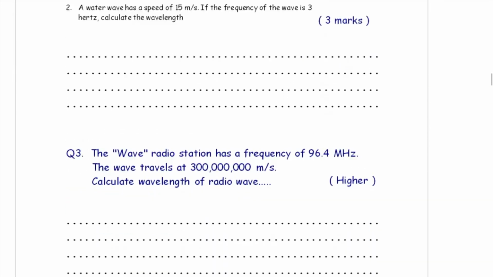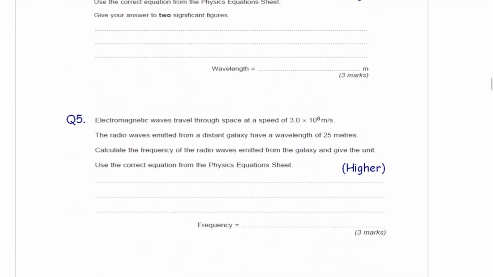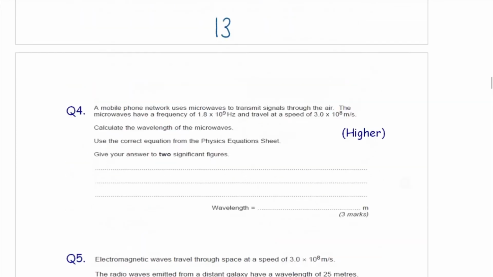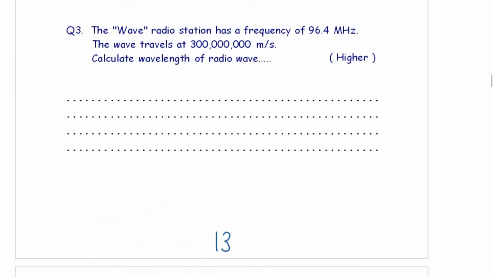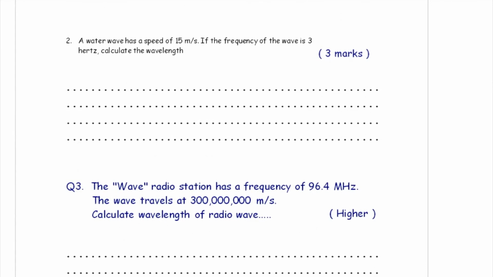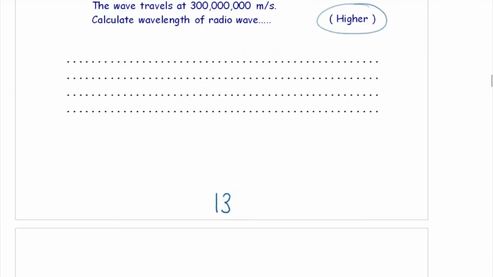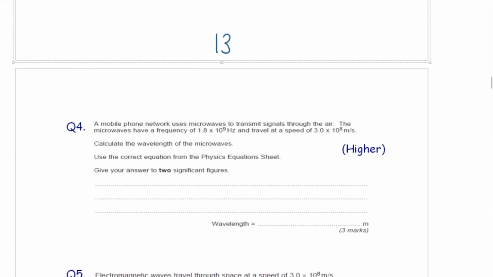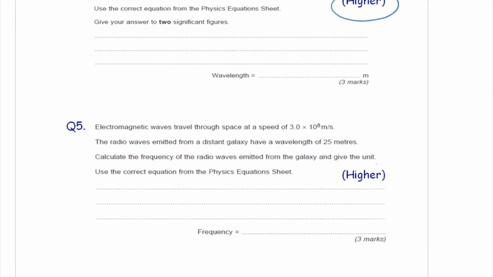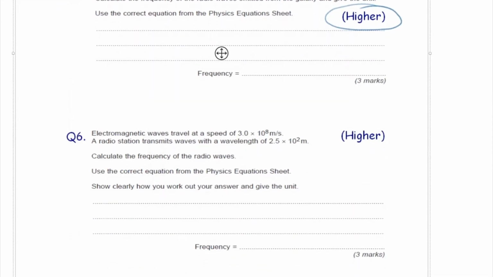We've got now 1, 2, 3, 4, 5, 6 questions. I'll do a few. Make sure that you check. Some are higher tier, some aren't. So you can see these.